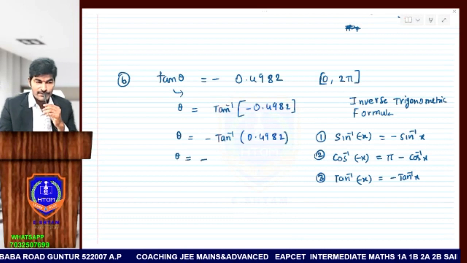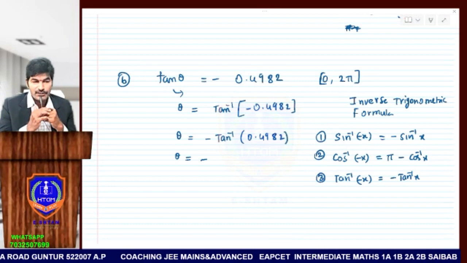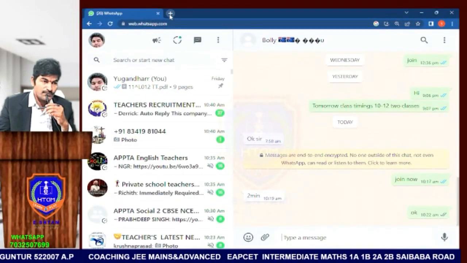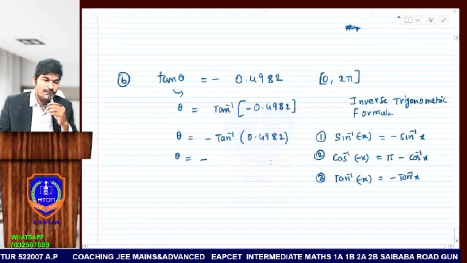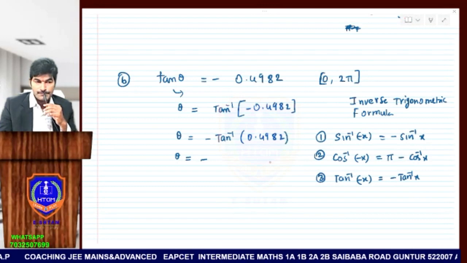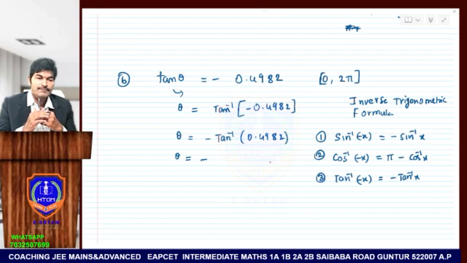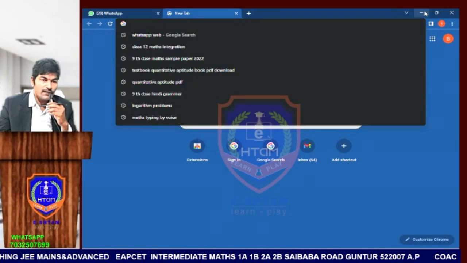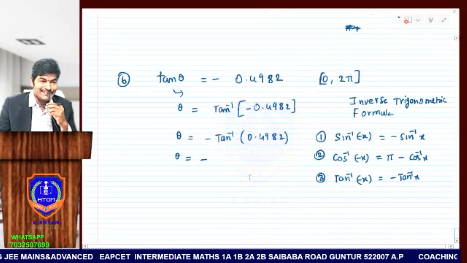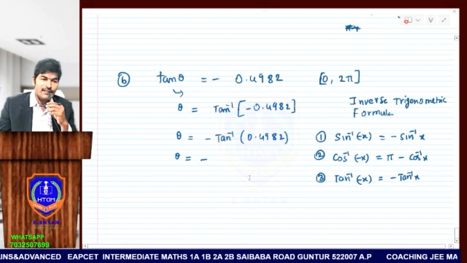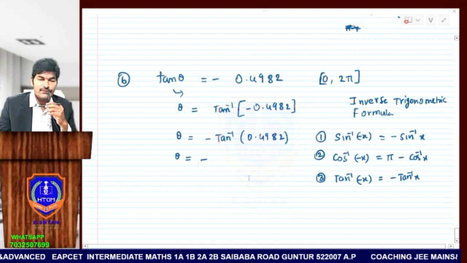So what will this value be? Tan inverse 0.4982. When will we get tan inverse 0.4982? 26.48. No, for tan inverse we have to get angular values. Try this value: if tan theta equals 0.4982, how much is theta?